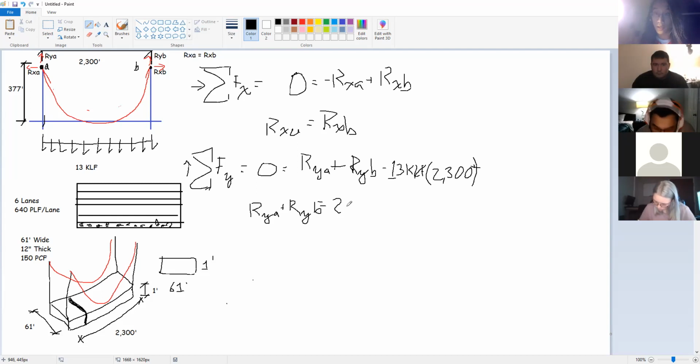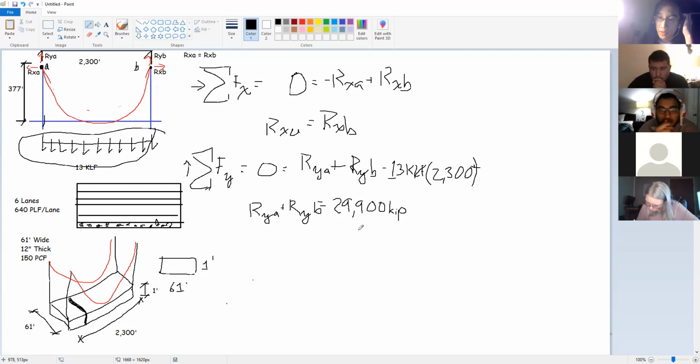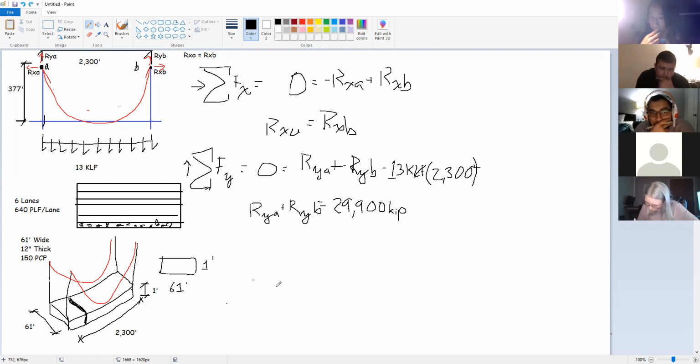29,900 pounds or kips. Oh my God, that is a huge number. 29,900. Let me double check that real quick. Yep. 29,900 kips. So this entire thing is this 30,000 kips of force, and both of these cables are reacting in the opposite direction with 30,000 kips total.